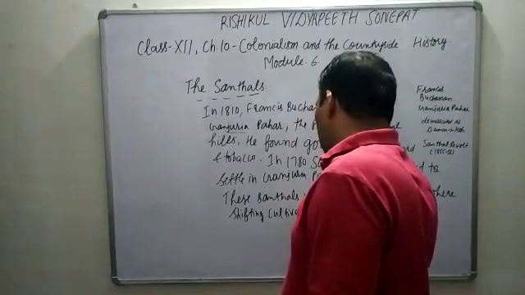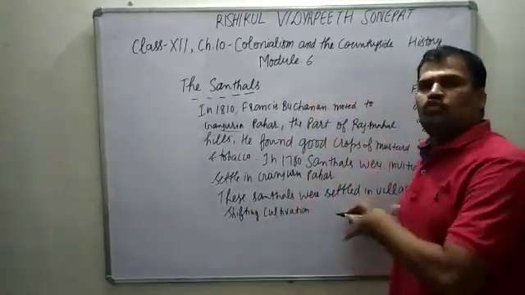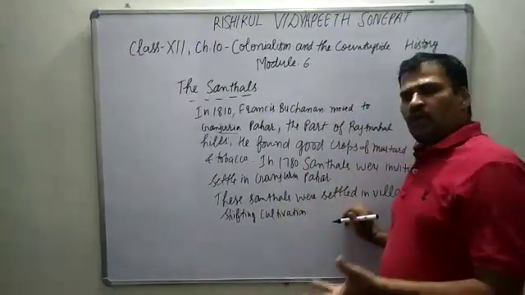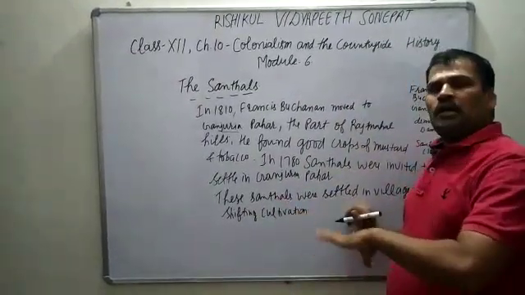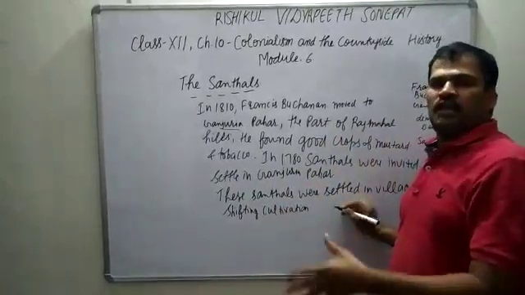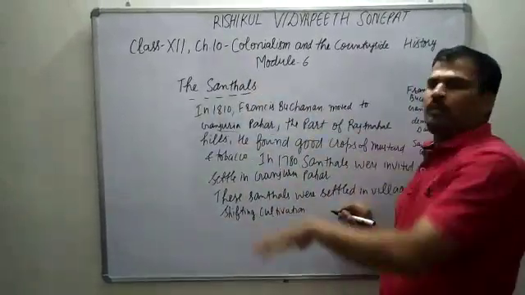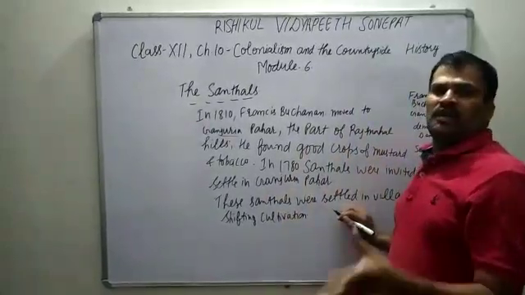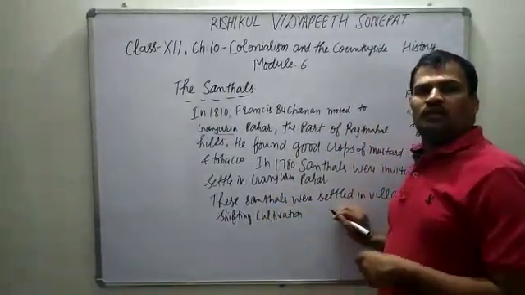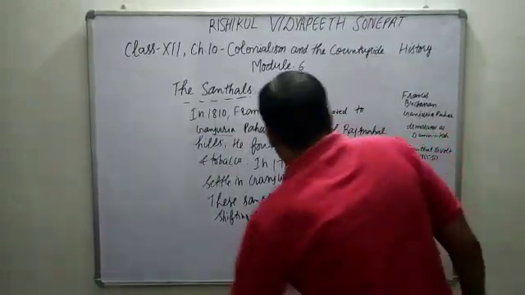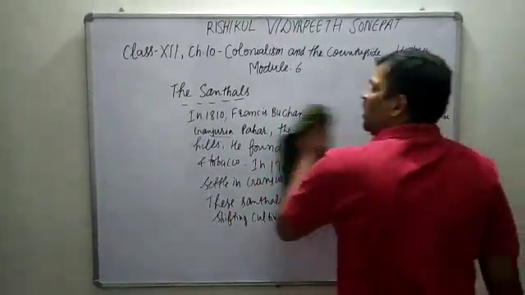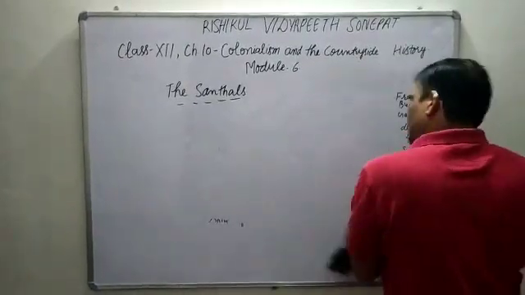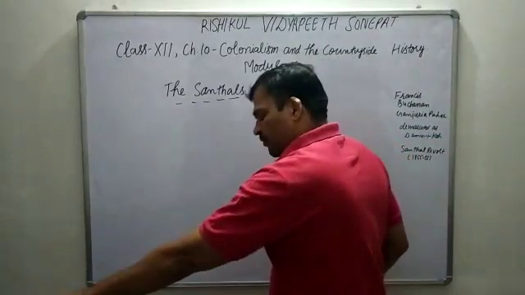Some part of the land is cleared, crops are grown, and after some years it is left and they move to another part. The Pahadis opposed even the agriculturists, the Santhals. But the Santhals were laborious people, and gradually they were able to settle there.